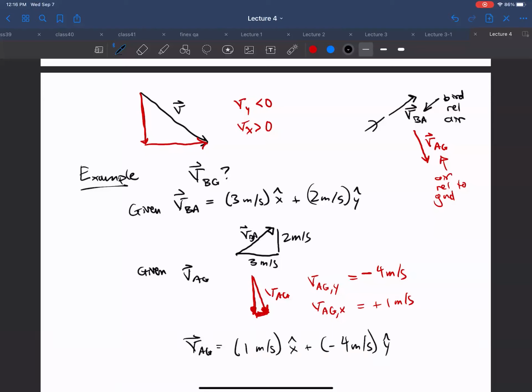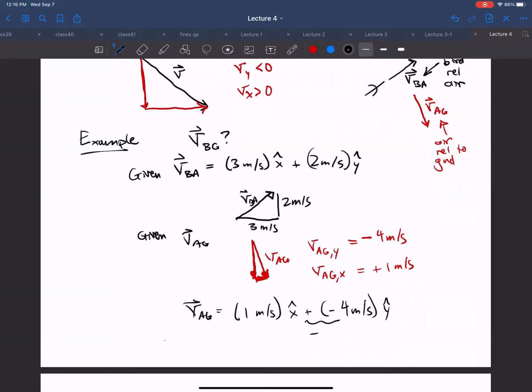And of course, I could just write this as a single minus sign, that'd be fine too. Okay, so on your own, writing it in a format like this, what is the numerical value of the velocity of the bird relative to the ground? Maybe this is already obvious, but you can simply add together the x components and then separately from that, add together the y components.